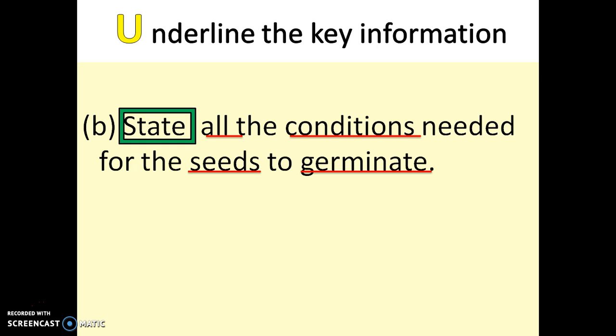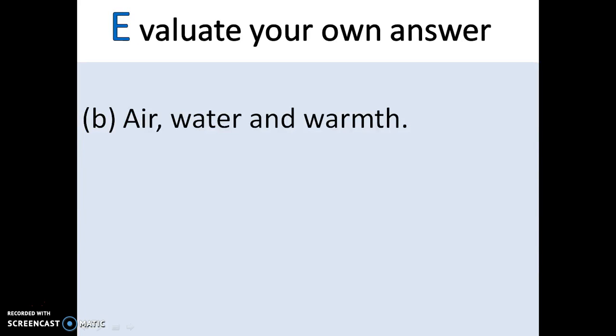You do not have to explain in this question. So what you need to do is to write down just the conditions. So the answer will be air, water, and warmth. These are the three conditions needed for the seed to germinate.